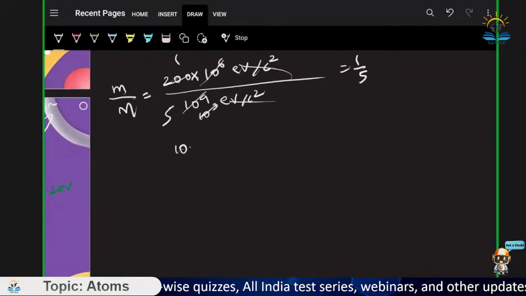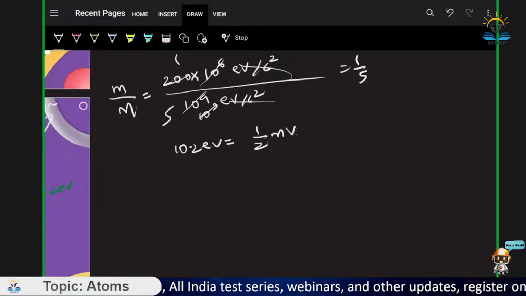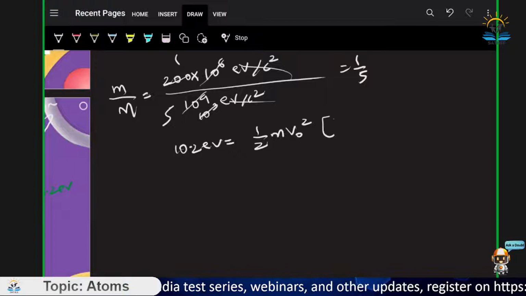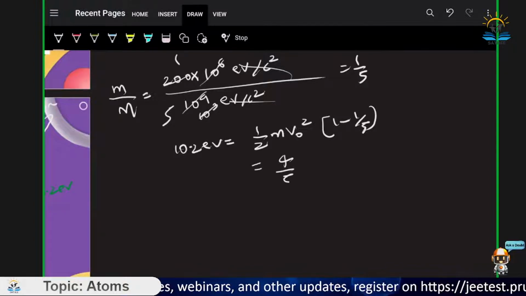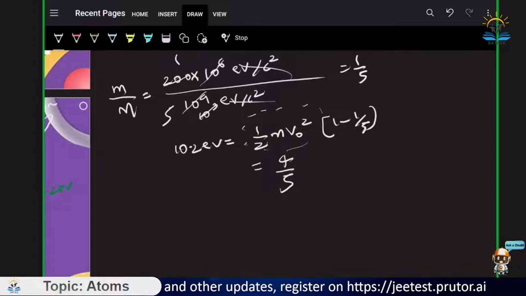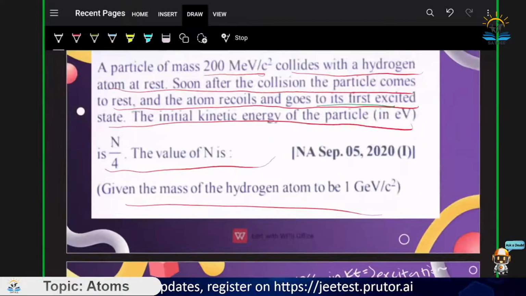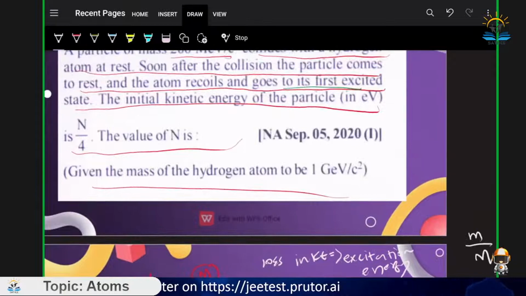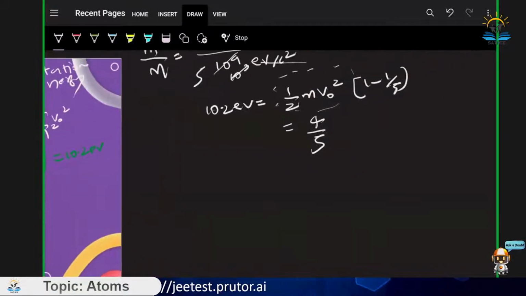So 10.2 electron volt is equal to half small m v naught square into 1 minus 1 by 5, which is 4 by 5. Actually, what is half m v naught square? It is the initial kinetic energy. The question says that the initial kinetic energy of the particle is n by 4.